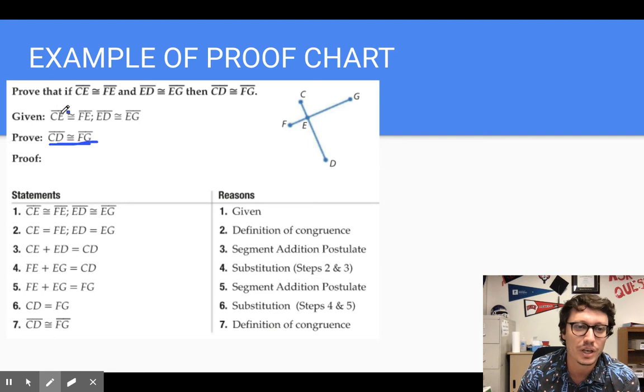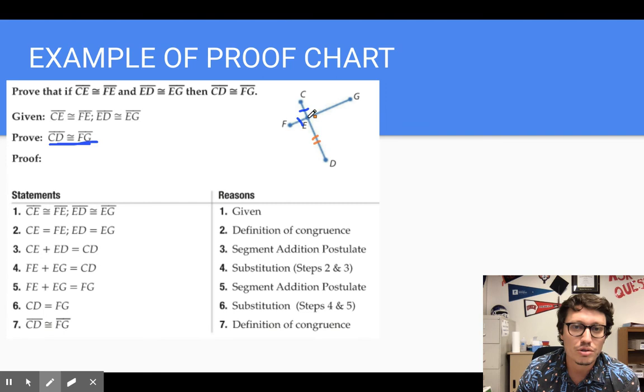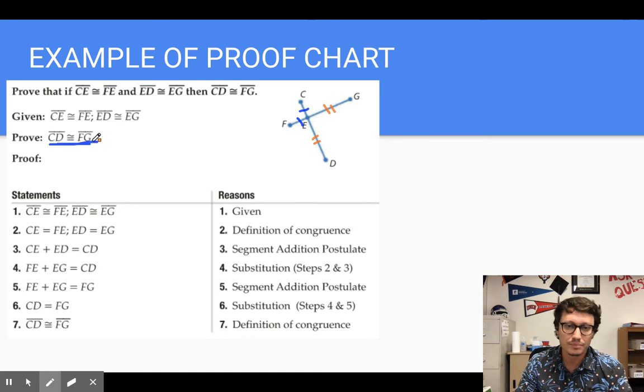Okay, and we are given that CE is congruent to FE, so we can put congruency marks there, right? Those two lines are congruent. And we are also given that ED, where is ED? ED, I'll use a different color here. ED is congruent to EG over here, okay? So we know that the blue lines are congruent to each other. We know that the orange lines are congruent to each other, okay?